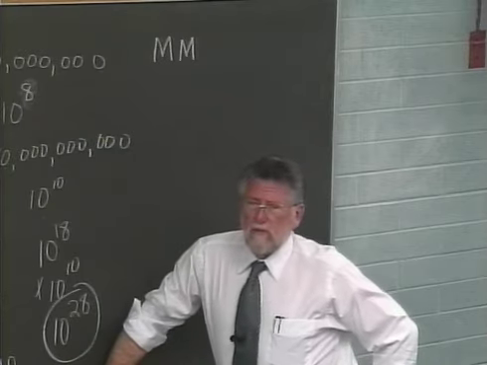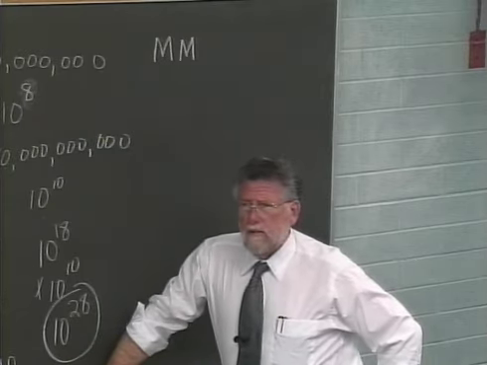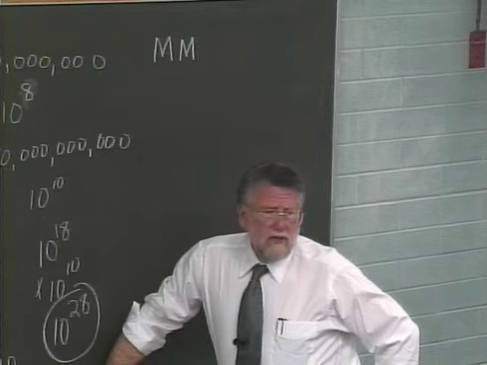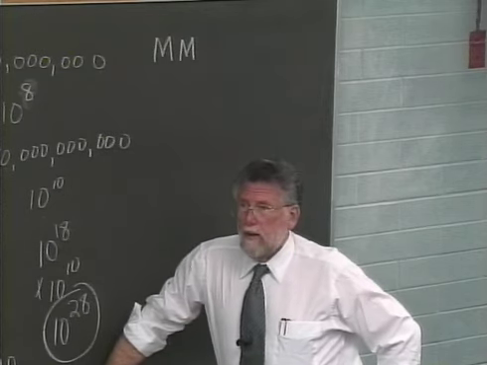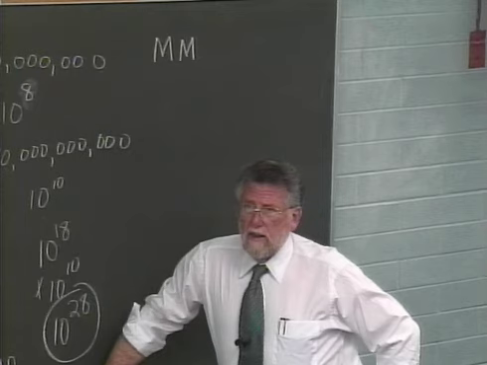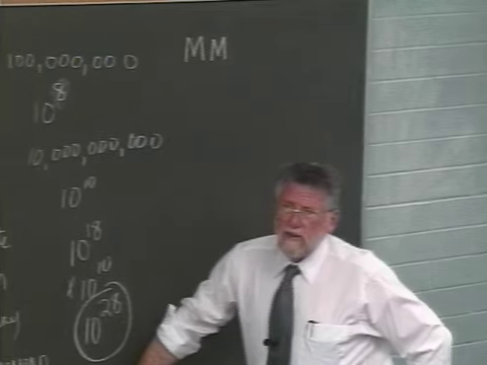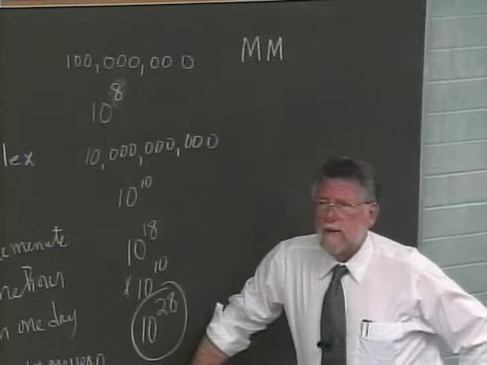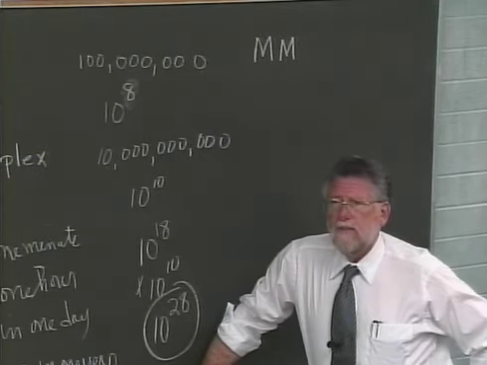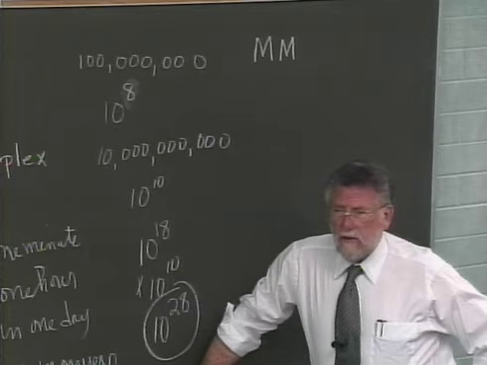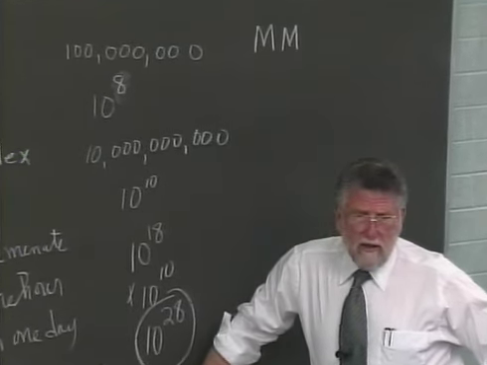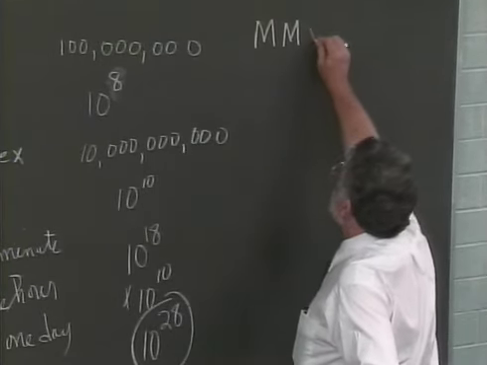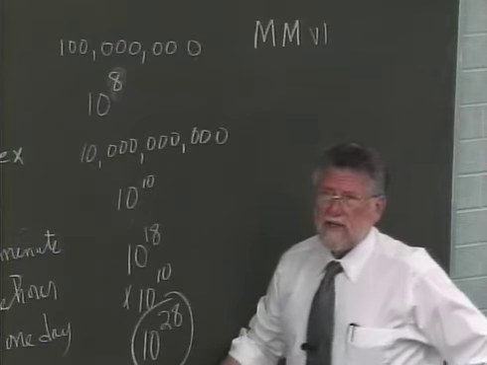If you look at old movies, and you look at when they're done, you oftentimes see what we call the Roman system. Okay? MM means 2000. So this year is MMVI, 2006.